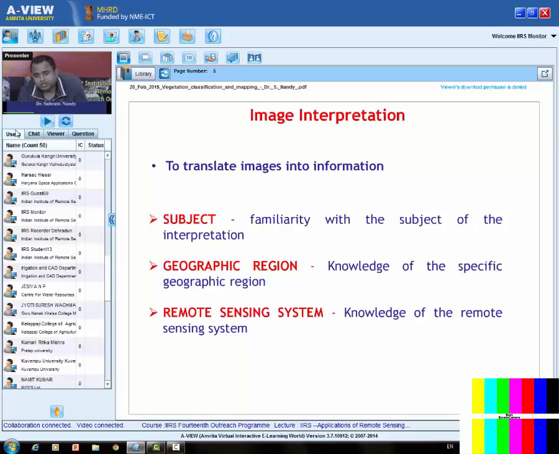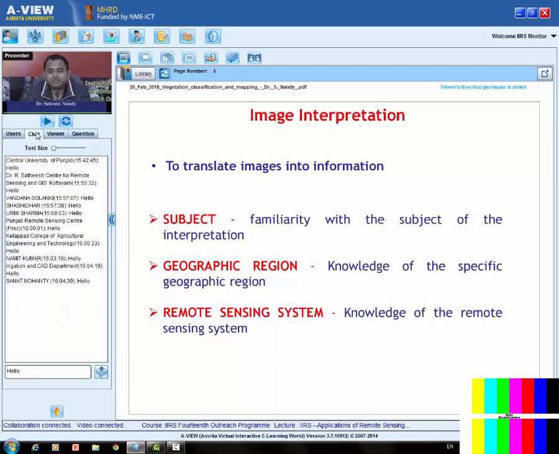Now, to start with, image interpretation is basically to translate images into information. So for doing that, first of all, knowledge about the subject is essential. So suppose I am from a forestry background, so my knowledge about forestry should be there. So familiarity with the subject of interpretation is very much essential.